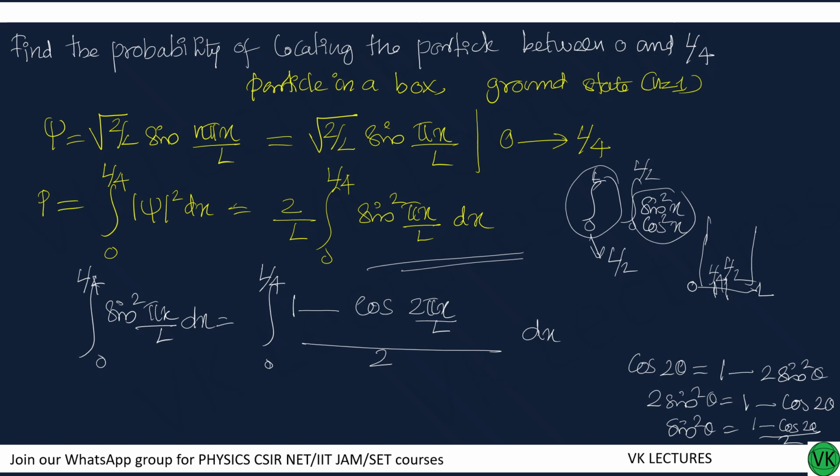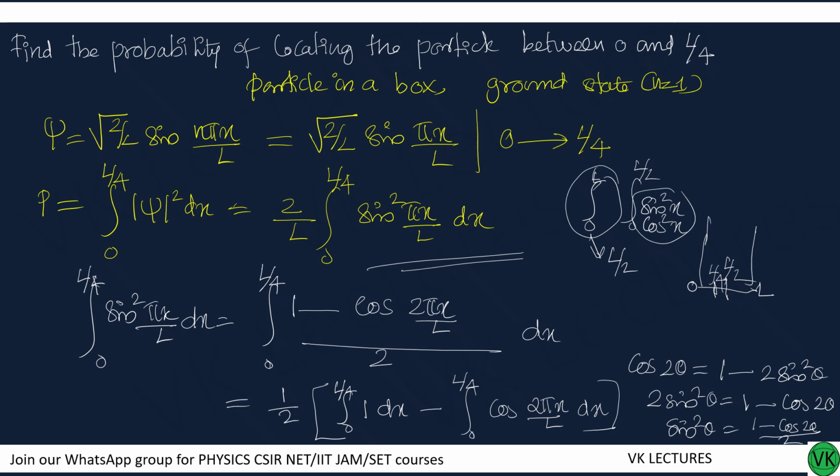The 1 by 2 can be taken outside, and this integral can be divided into two integrals: 0 to L by 4 of 1 dx minus 0 to L by 4 of cos 2 pi x by L dx.